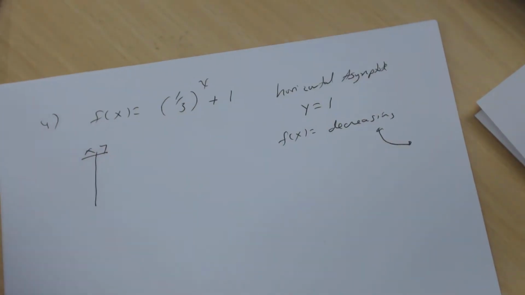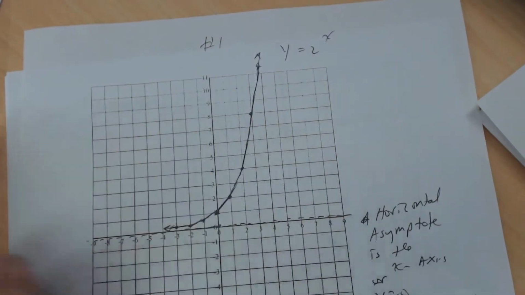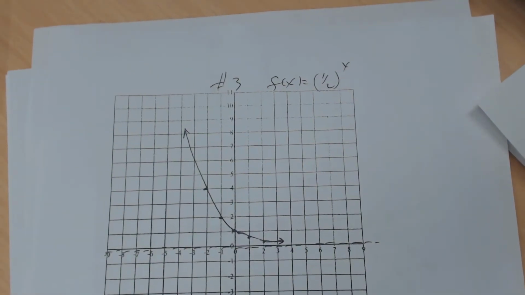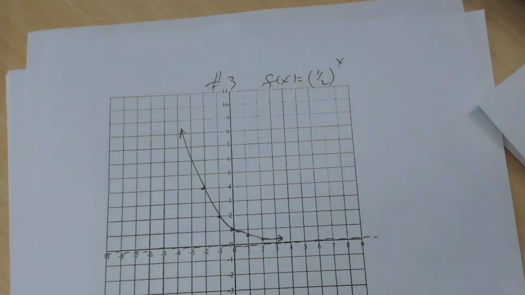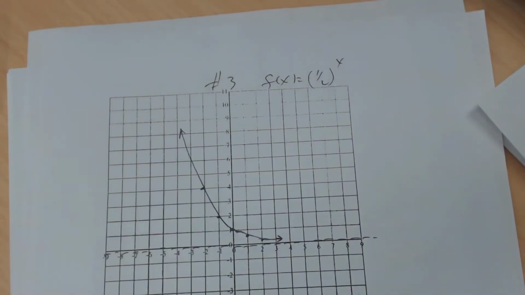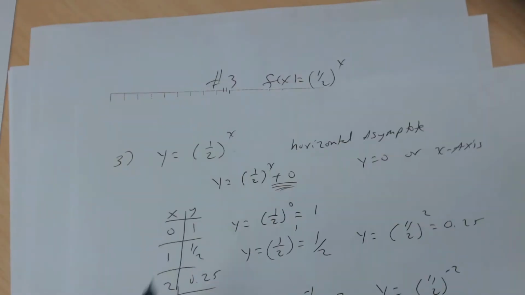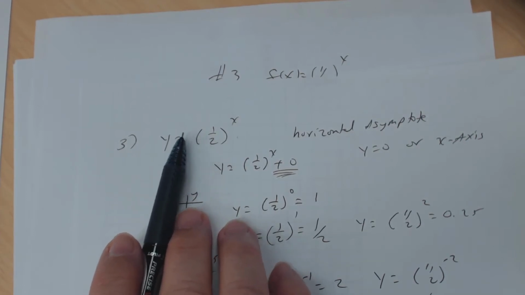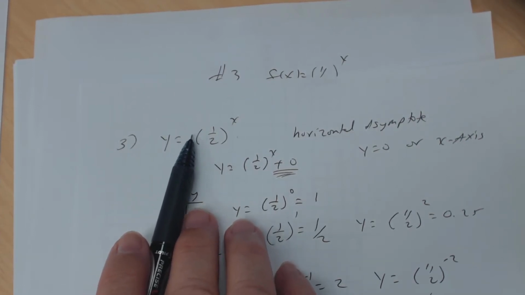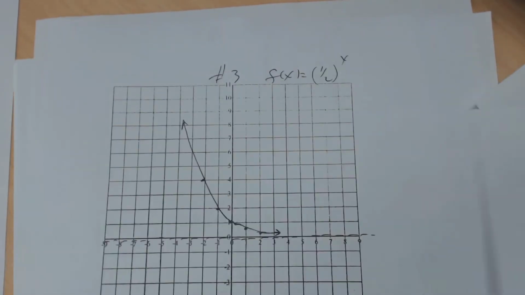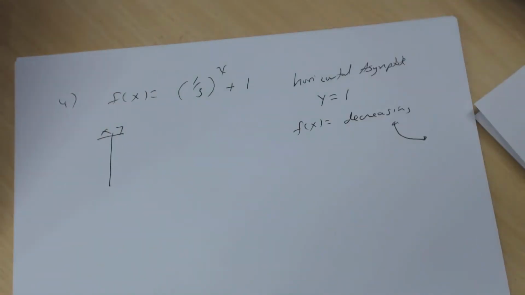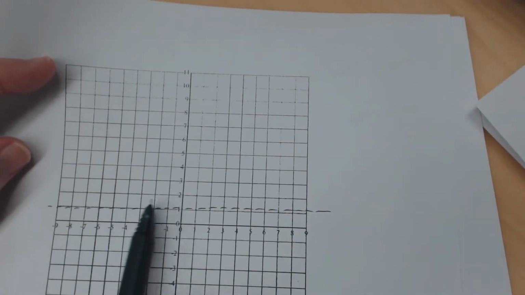Notice that in all these cases, the graph was above the horizontal asymptote, and the reason for that is because there was no reflection. There was no negative out in front. We're going to do that in the next lesson, but this number is a positive 1. It's not a negative 1.